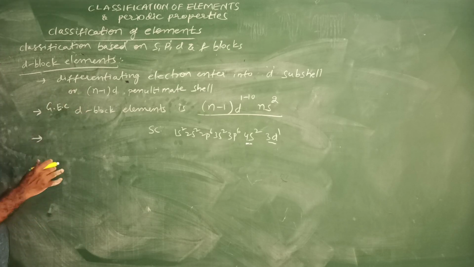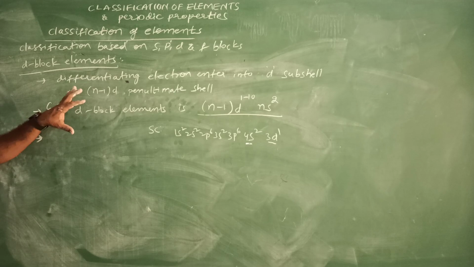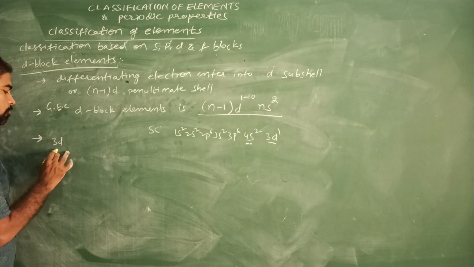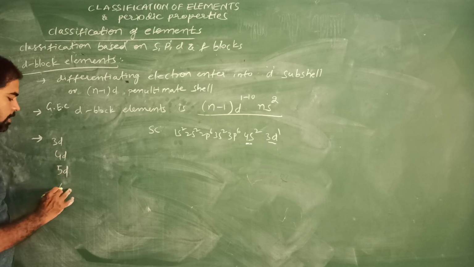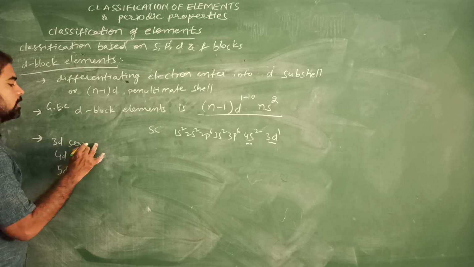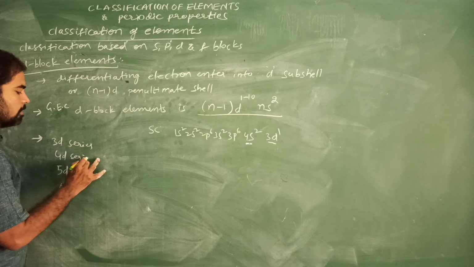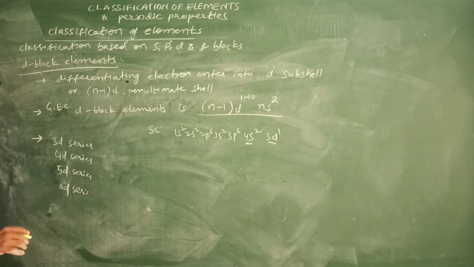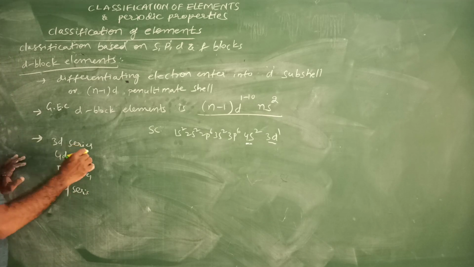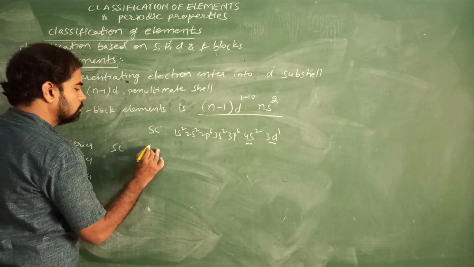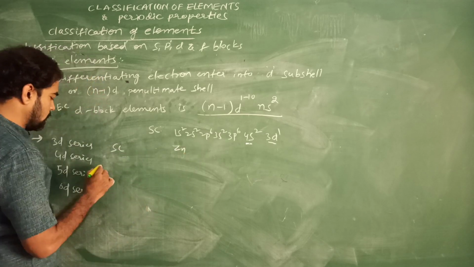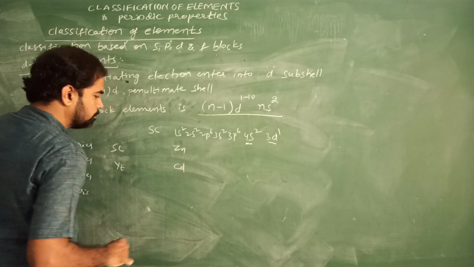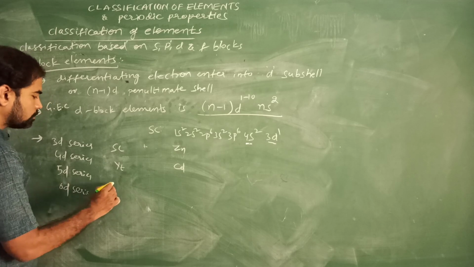Here in d block, they are again classified as 3d, 4d, 5d and 6d series. The 3d series is scandium to zinc, whereas the 4d series is yttrium to cadmium.